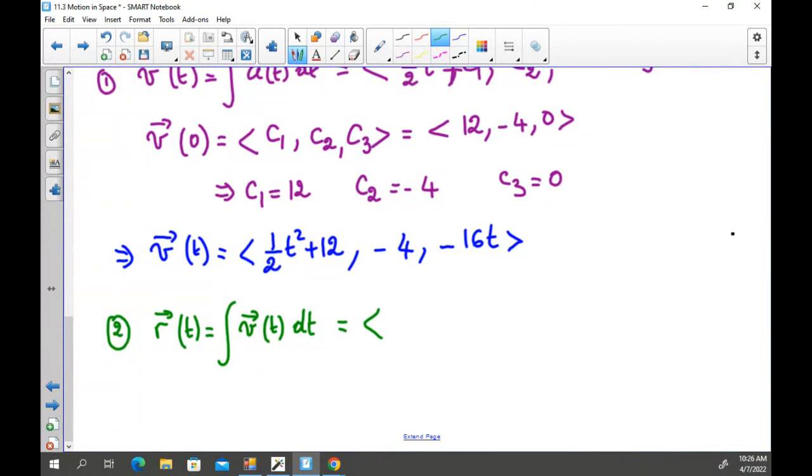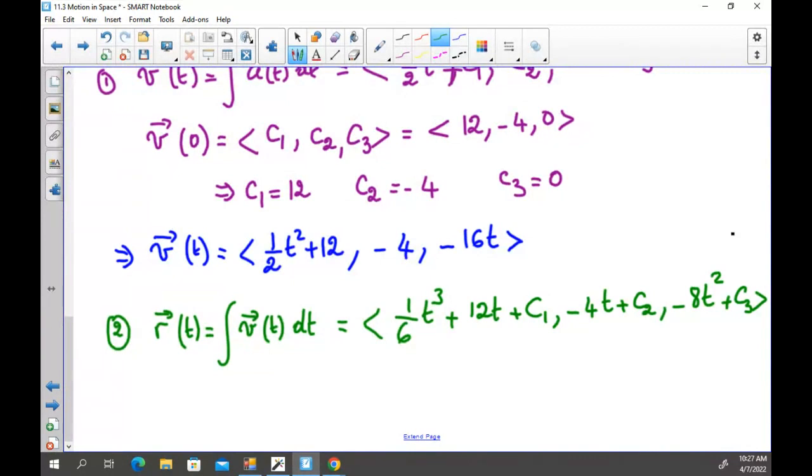Now, we integrate half of t squared, so it's going to be 1 over 6 t to the power of 3, plus 12t plus constant c1, and then minus 4t plus c2, and then minus 8t squared plus c3.